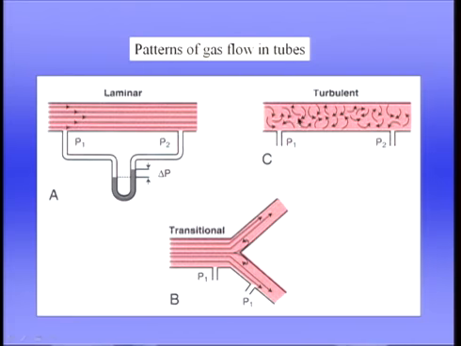This is not the case with turbulent flow. With turbulent flow, you get a much flatter velocity profile, whereas in laminar flow, the flow is proportional to the pressure difference between two ends of the tube, but in turbulence, the flow is proportional to the square of the pressure difference, or something like that.